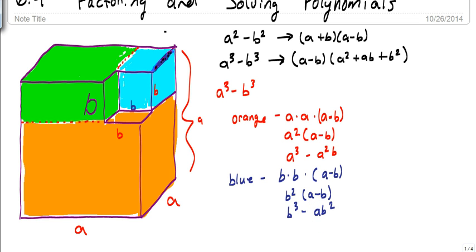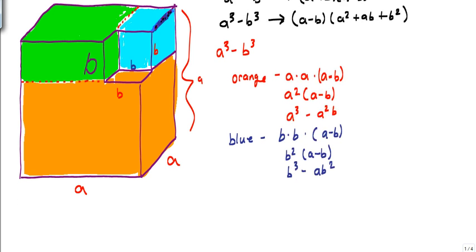And then lastly is the green piece. I'm looking at this height right here, which is b. I'm looking at this width right here, which is a. And I'm looking at the distance from here to here, which again is going to be a minus b.